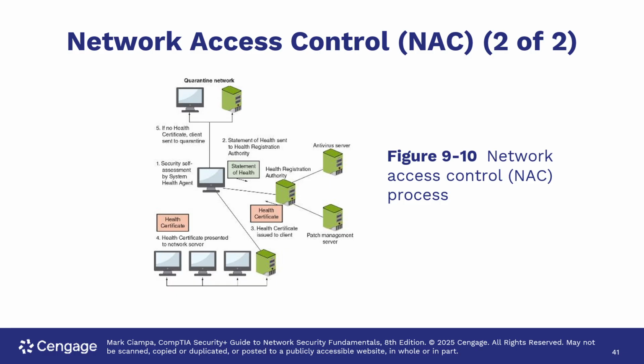Then it's presented to the network server, and the network server says, sure, okay, you've met their criteria. Now we'll get you up into the top here, away from the quarantined network, because you have that proper health certificate generated by that system. And that's your network access control.